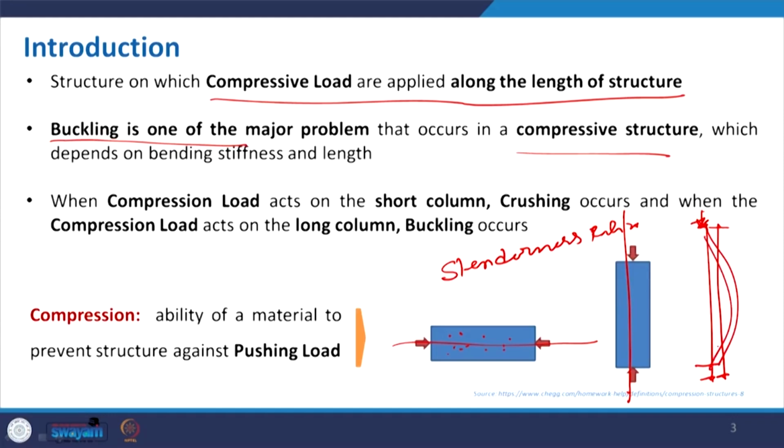This is called buckling. For a compressive structure, this is a problem if you have a poor slenderness ratio.